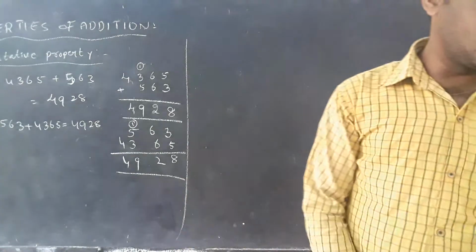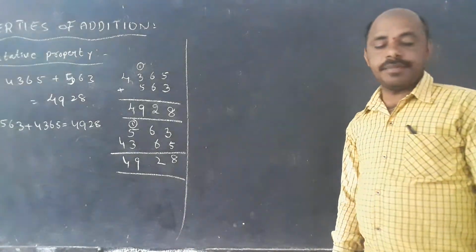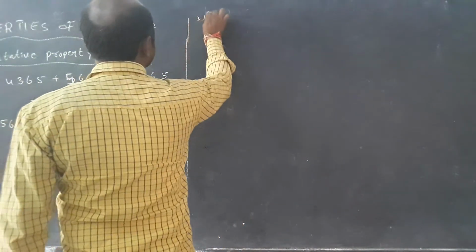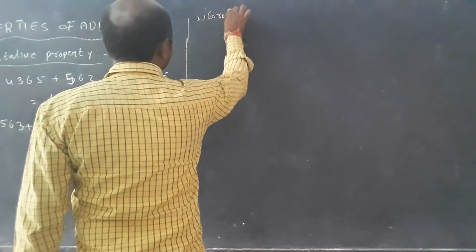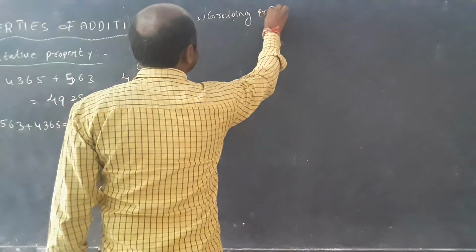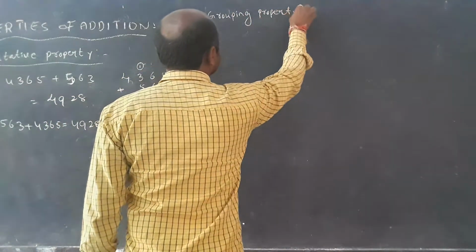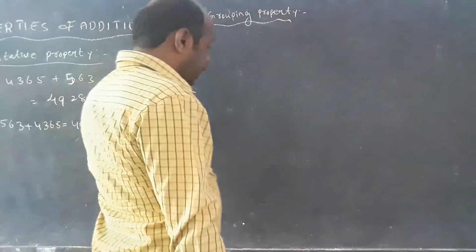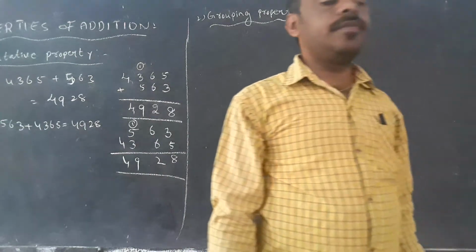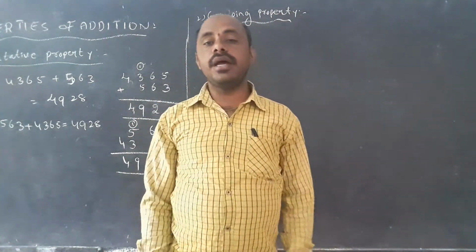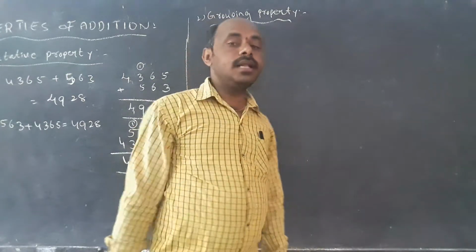Next one, grouping property. In the grouping property, we take more than two numbers.